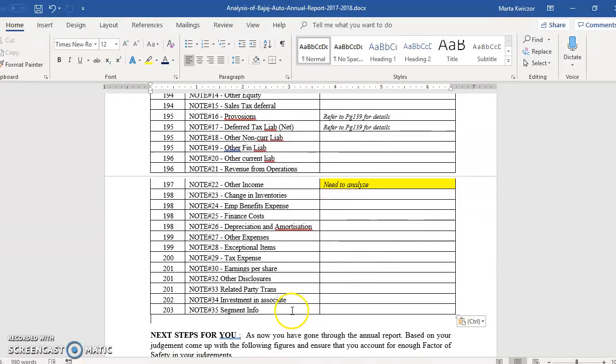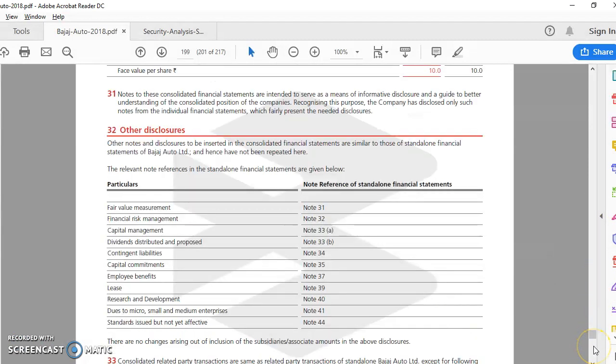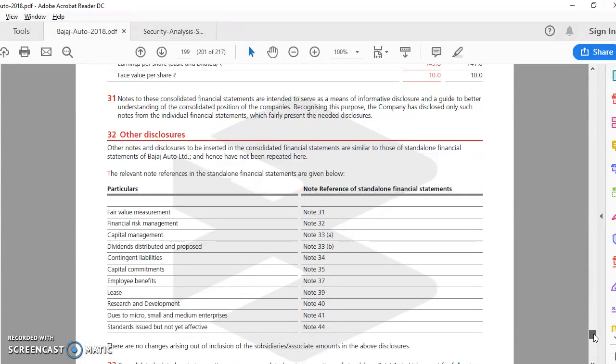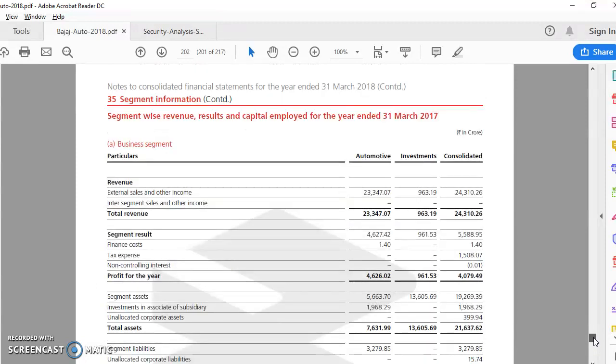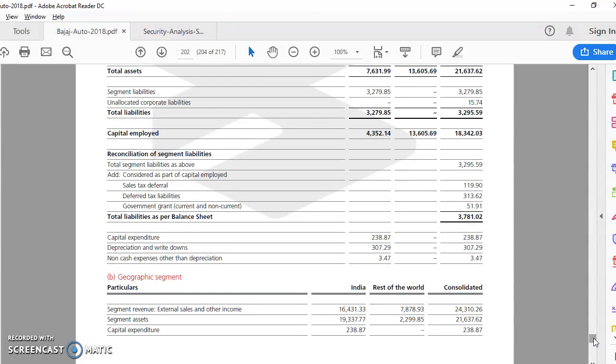One last thing we can quickly look at is the segment info. Let's go down. That's footnote 35. Here, this only shows the geographic segment. That means how much revenue they got in India versus the rest of the world.